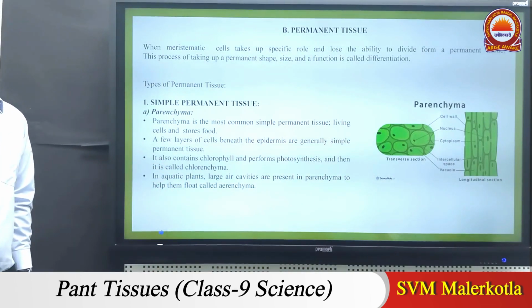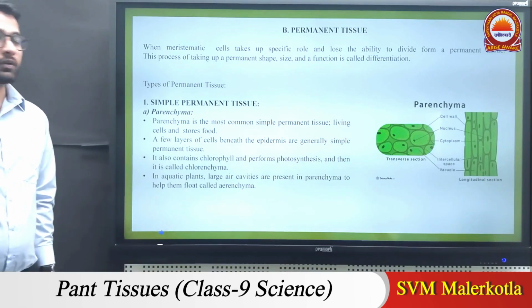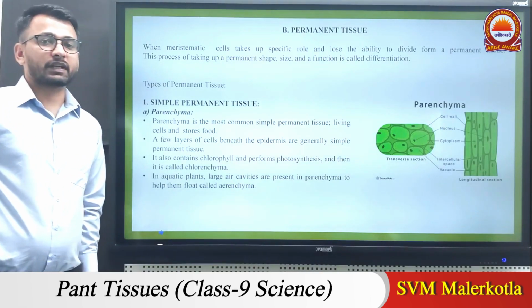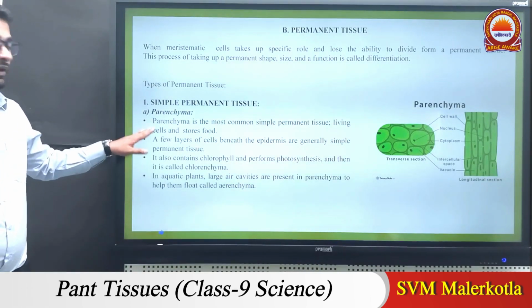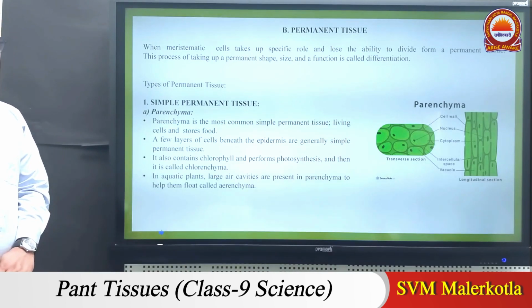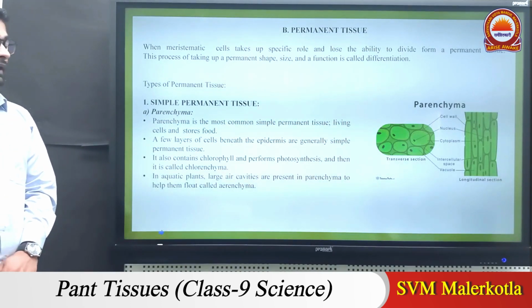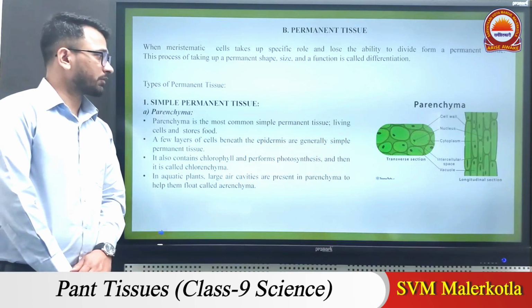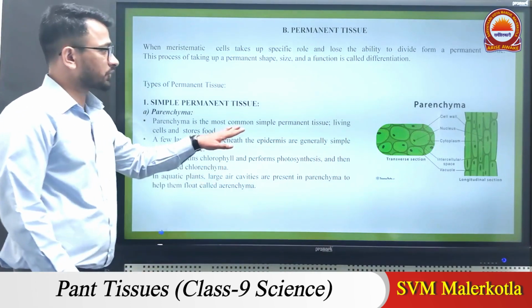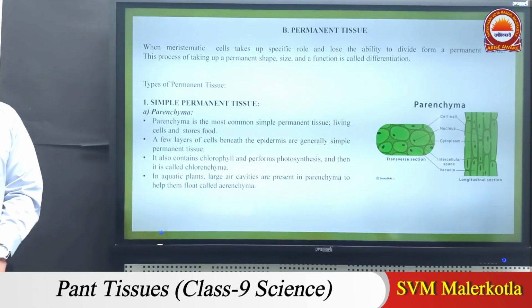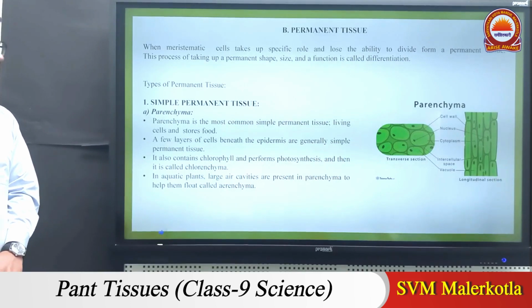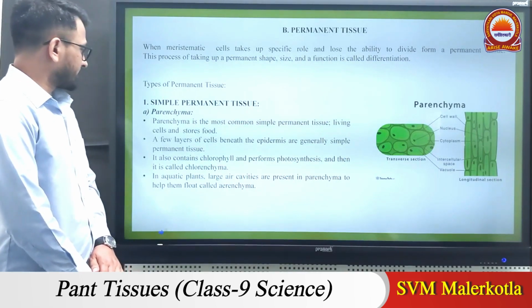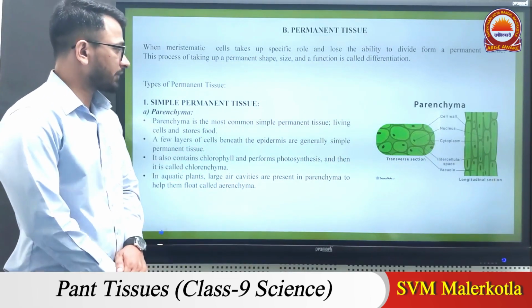First one is parenchyma, then we will discuss collenchyma, and lastly sclerenchyma. Parenchyma is the most common simple permanent tissue, and these are living cells meant for the storage of food. Second, they are located just below the epidermis.